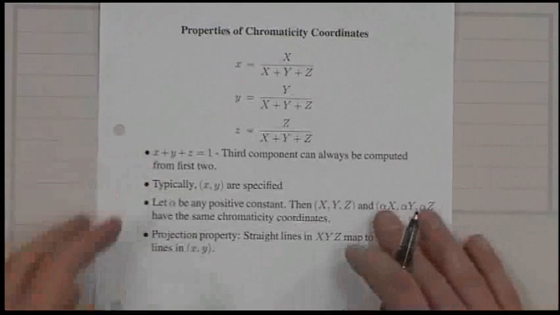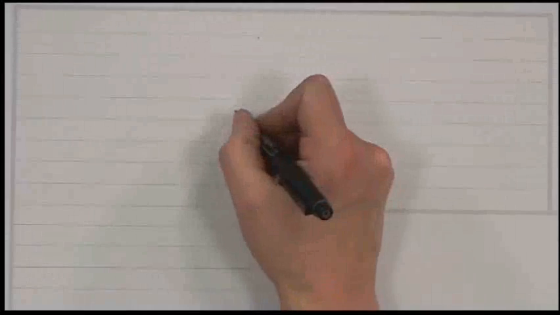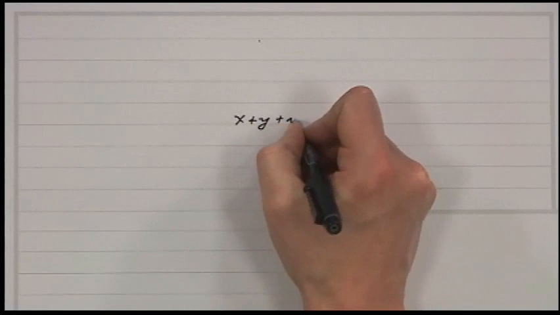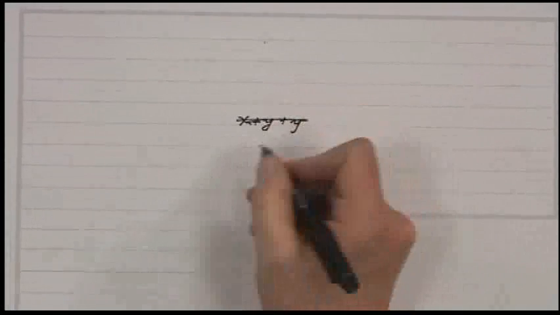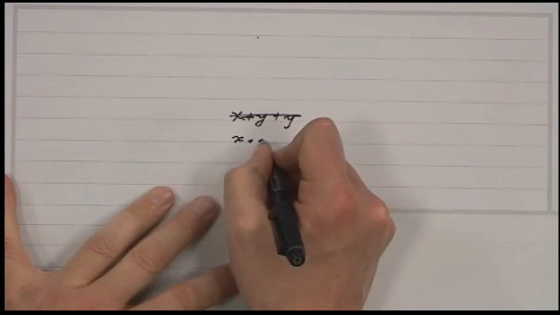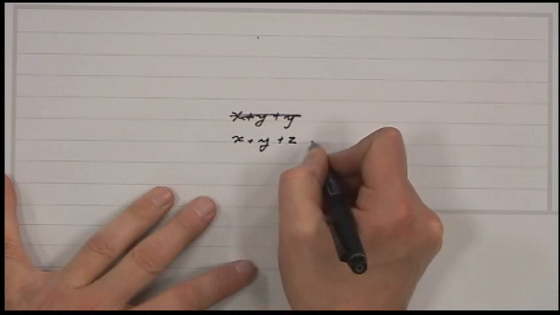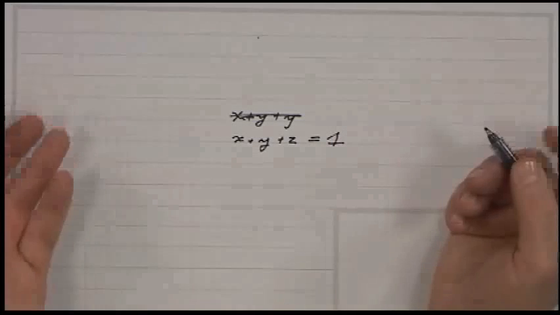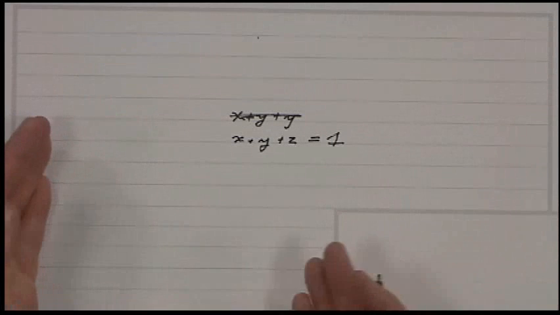First of all, we know that little x plus little y plus little z have to equal what? 1, because we constructed it that way. We normalized them so that they sum to 1.